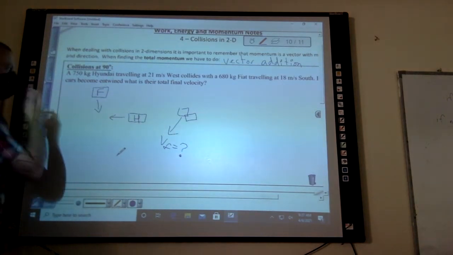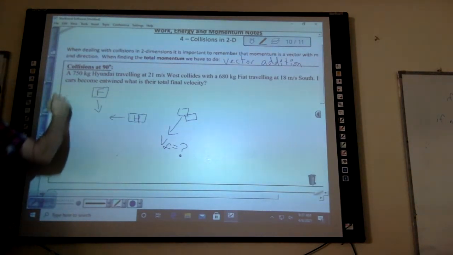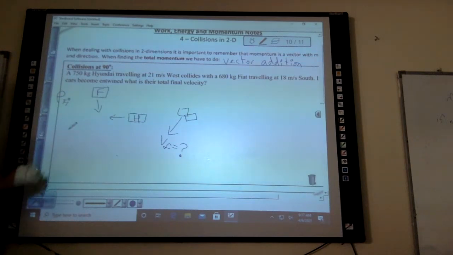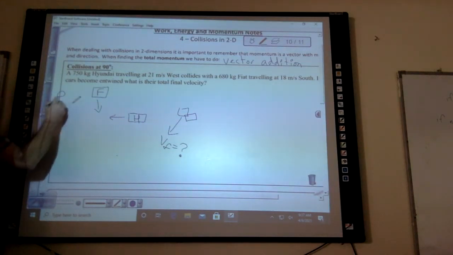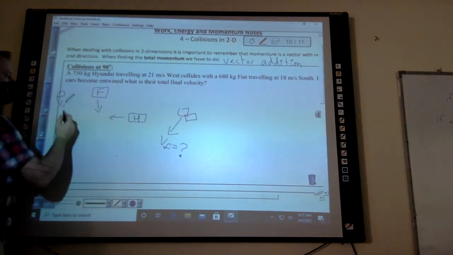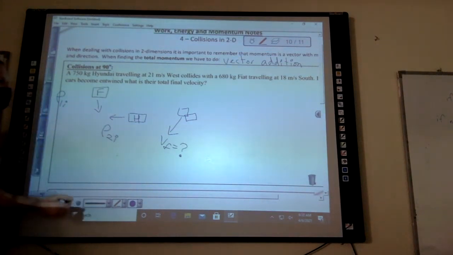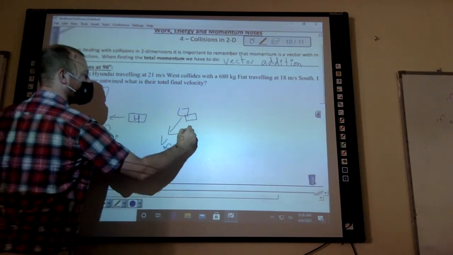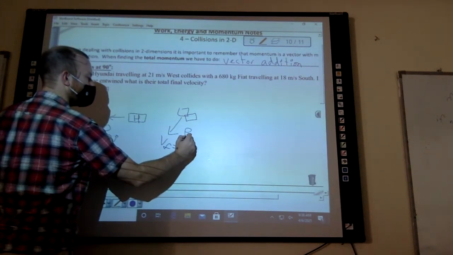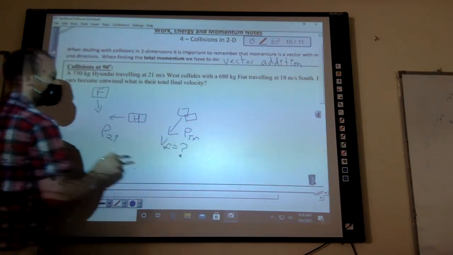So what I'll need to do first is find out what my momentum 1 initial is. Let's just do 1. So we have momentum 1 initial, and we have momentum 2 initial, and here this is going to be momentum total final, because they're going to be stuck together.